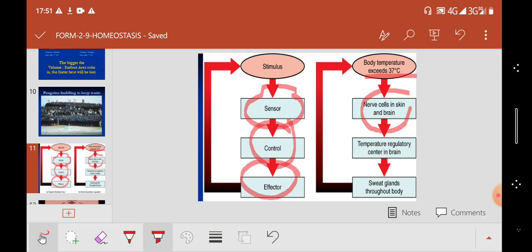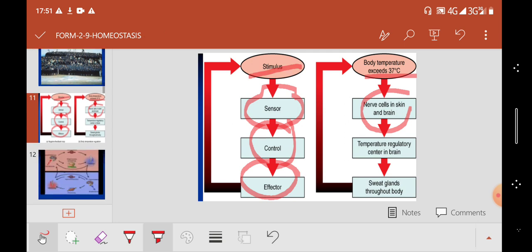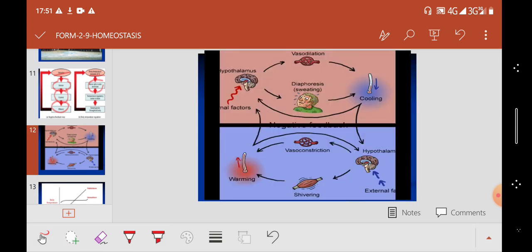That is correction. So here you'll have the sensor, the control, and the effector. And the particular change in temperature is always stimulated. There's always a stimulus, or we can rather say the factor that brings about that particular change.